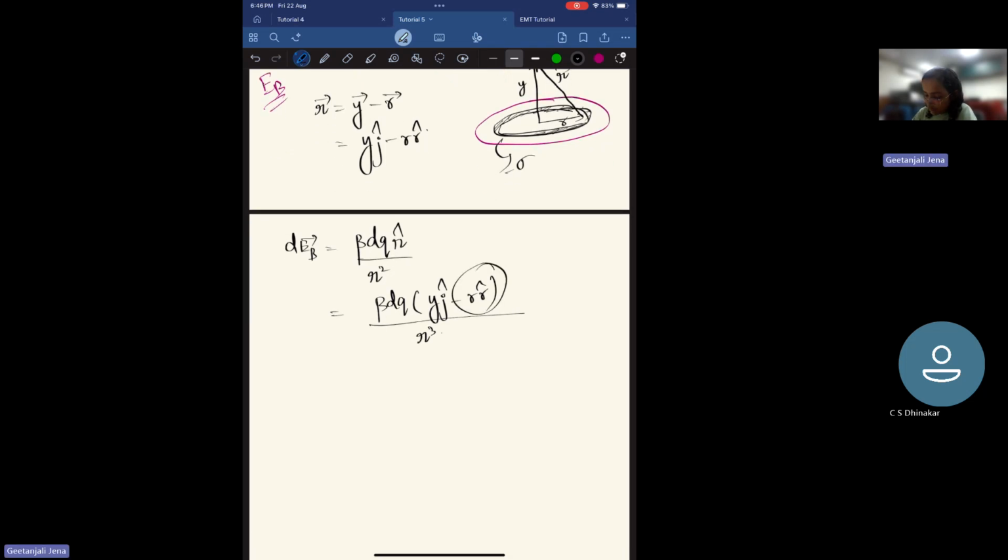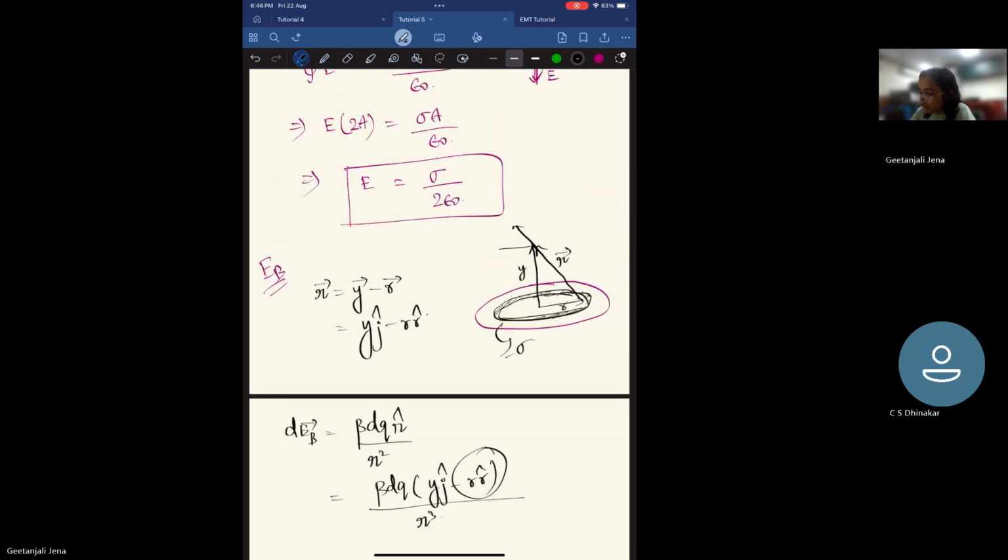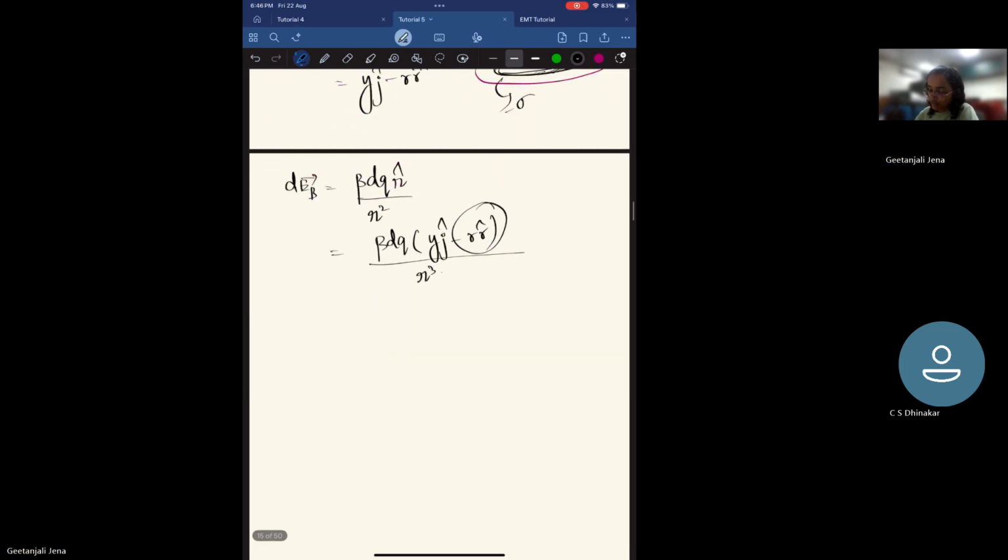The radial part won't contribute to the integration because of radial symmetry. Whatever the field is in this direction will cancel the field due to the opposite direction. So the total field will add up in the j direction. So we have beta dq y j cap over r cubed, where r squared will be y squared plus r squared.